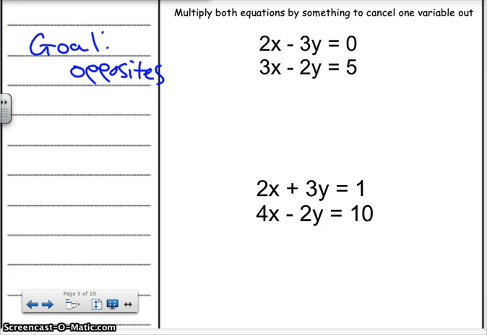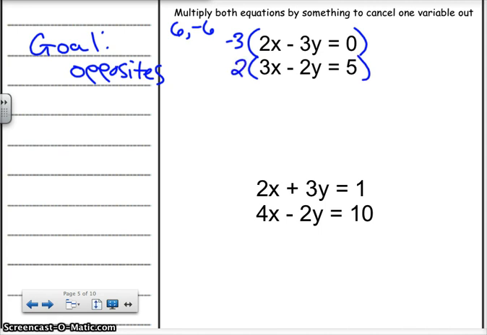So I want to have 6 and I want to have negative 6. Those are the opposites that I want to deal with. I usually do negatives first, personally. What do I need to multiply 2 by to get to negative 6? Negative 3, yeah? What do I need to multiply 3 by to get to 6? 2.